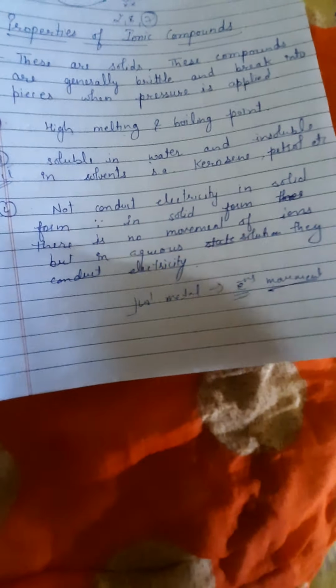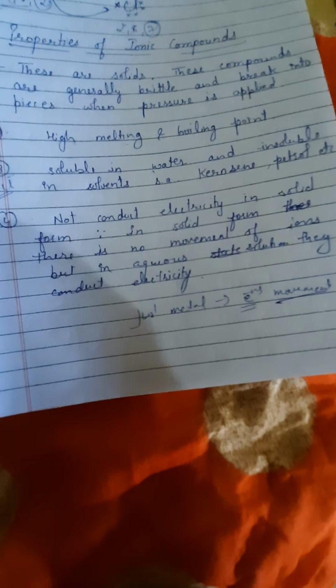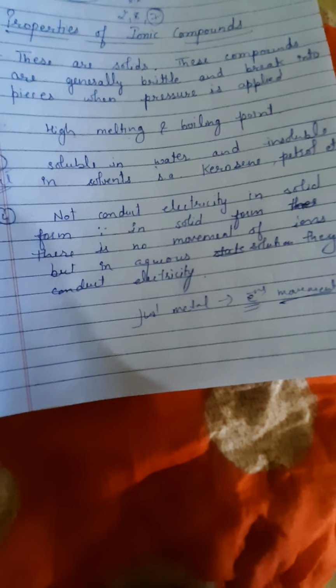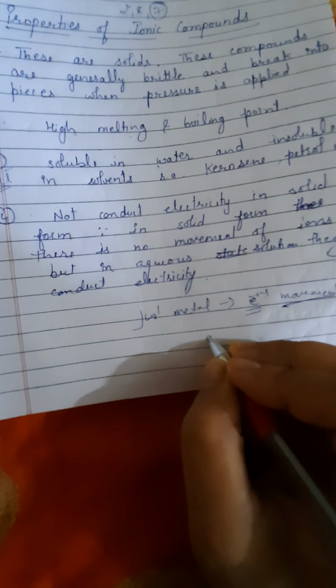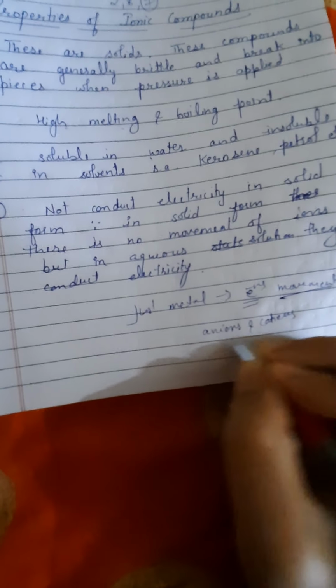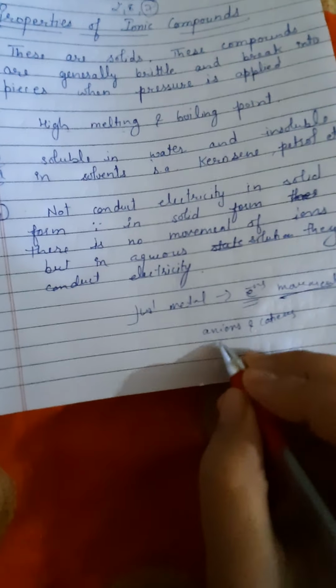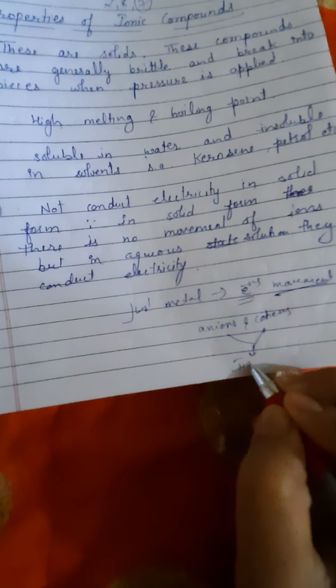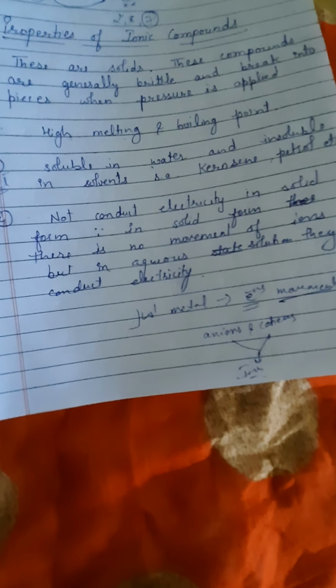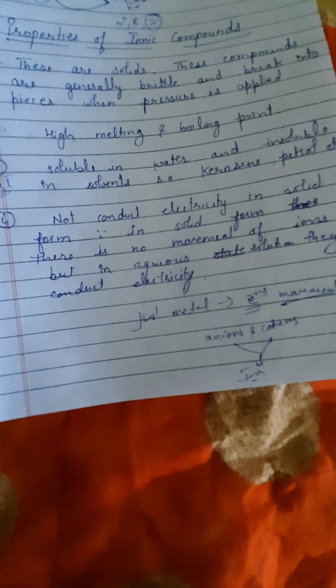But it is different in solution. In solution, anions have a negative charge and cations have a positive charge, combinedly you can say ions. Ions are current carriers in solution form, aqueous solution.